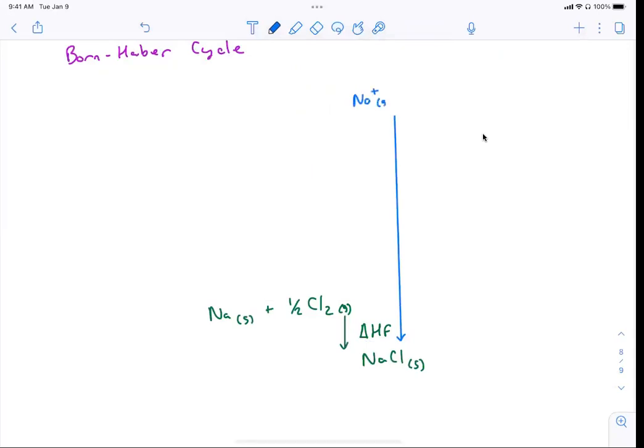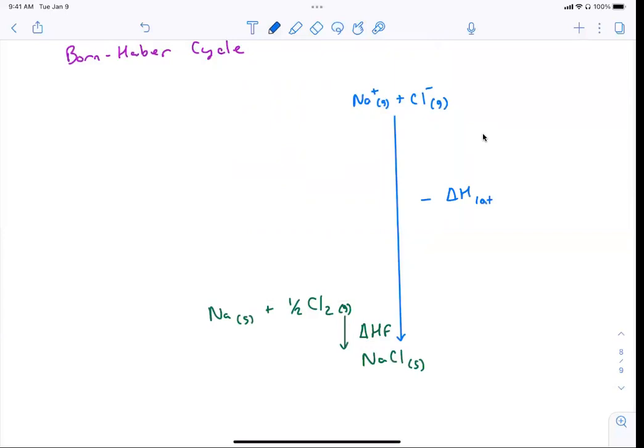Na+ gas plus Cl- gas going to solid. Lattice enthalpy. Now, but it's the opposite direction, right? So this is negative lattice enthalpy because the arrow is going in the opposite direction of what the definition of lattice enthalpy is. Because lattice enthalpy is going from solid to gas, and this is gas to solid.